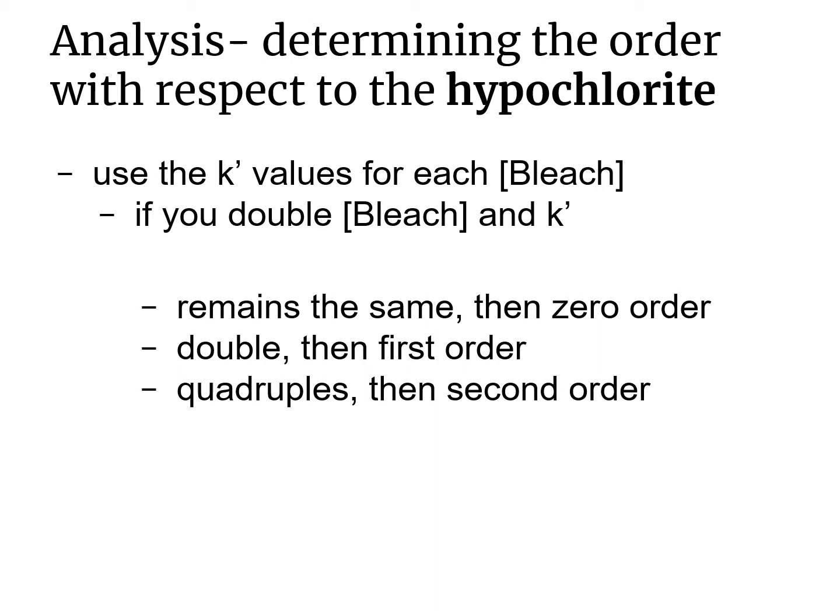That's a first order reaction. And if the value of K prime is 4 times in one run compared to the other run, where the concentration of the bleach is doubling, then that is a second order reaction. And so with these two, we are able to find the order with respect to what?